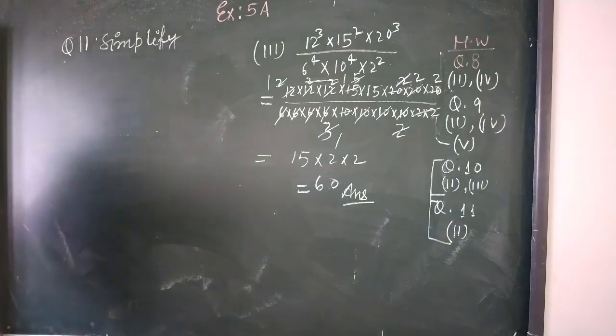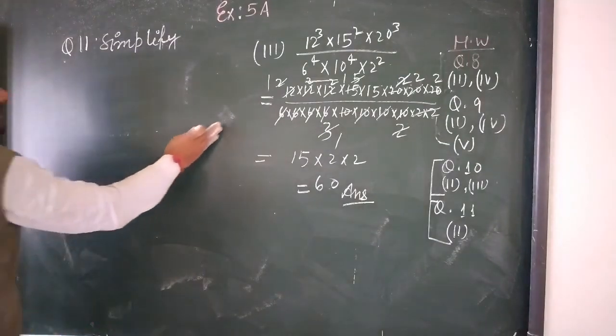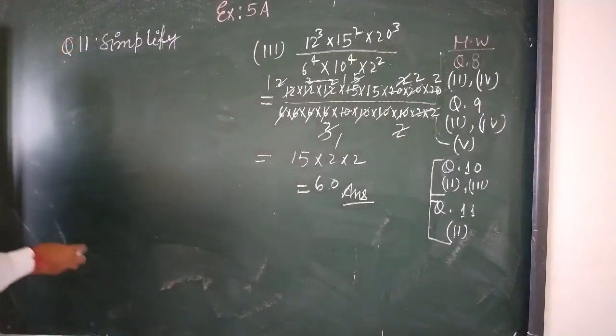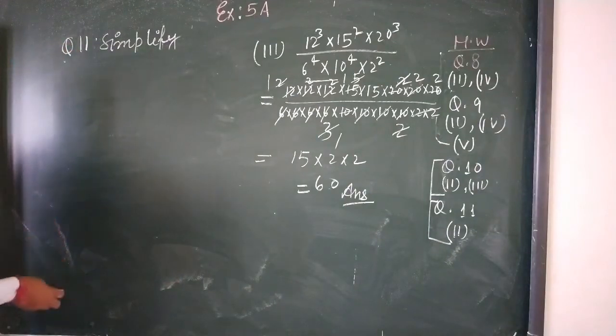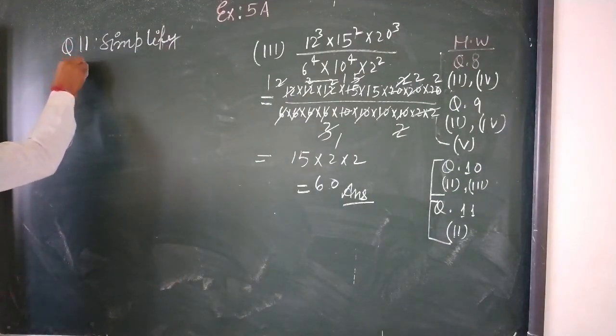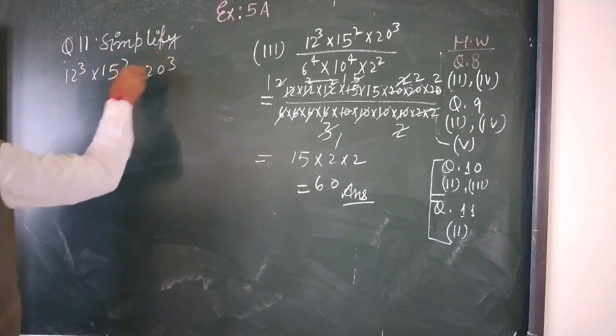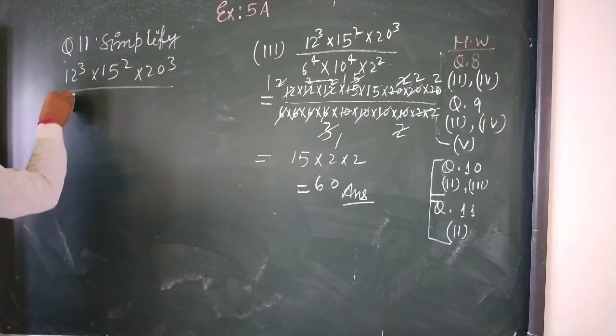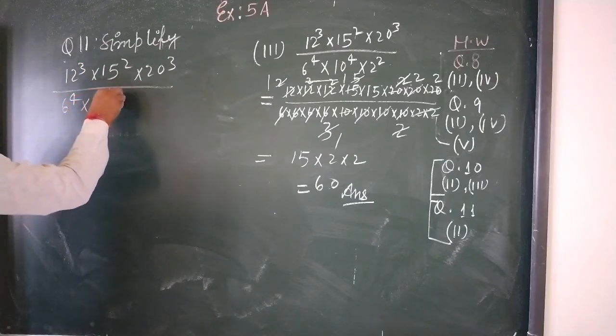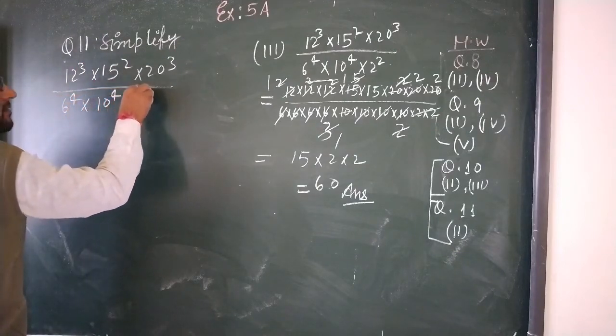This is a little bit lengthy. Okay, so see the video properly. So see this: 12 to the power 3, 15 to the power 2, and 20 to the power 3 upon 6 to the power 4, 10 to the power 4, and 2 to the power 2.